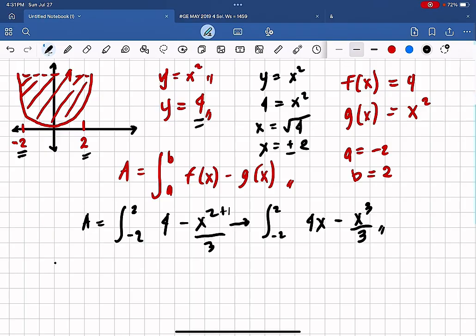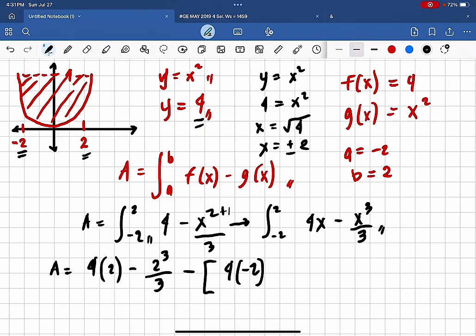So area becomes 4 multiplied by 2 minus 2 cubed over 3 minus 4 multiplied by negative 2. So substitute the a limit, minus negative 2 cubed over 3.